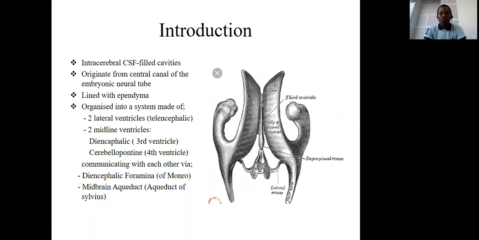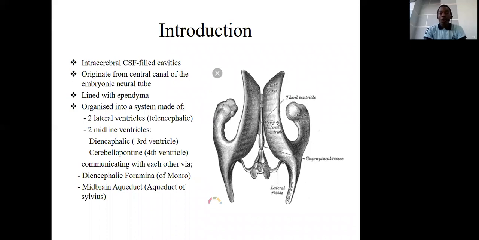Each of these ventricles communicate through canals. Precisely, the 2 lateral ventricles communicate with the 3rd through the foramen of Monroe, and then the 3rd communicates with the 4th through the cerebral aqueduct or aqueduct of Sylvius.